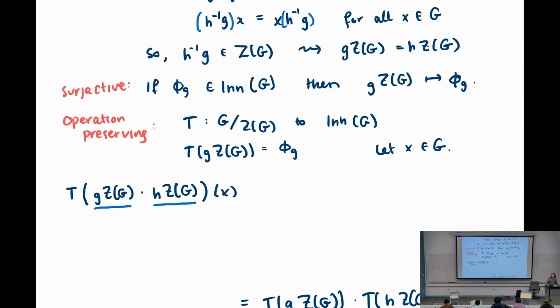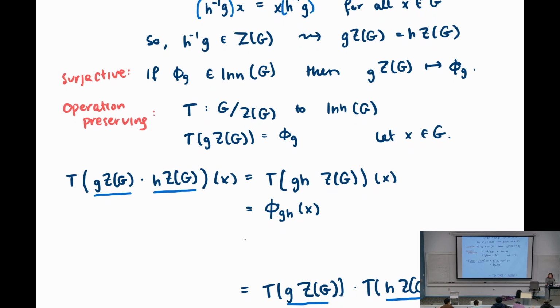Okay, does it make sense? So let's compute what this map does to x. Okay, so by the definition of multiplication in factor groups, this is equal to T(gh Z(G)) of x. And then T of gh Z(G), this is the inner automorphism phi sub gh, and we'll apply that to x.